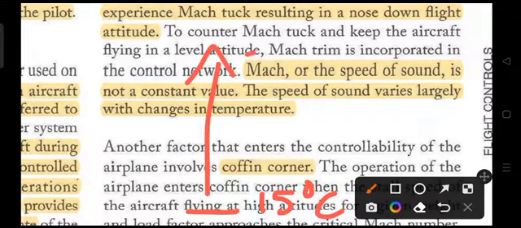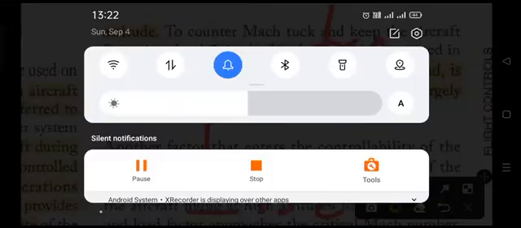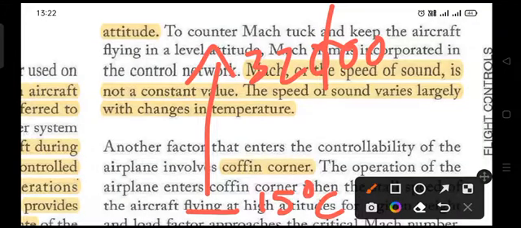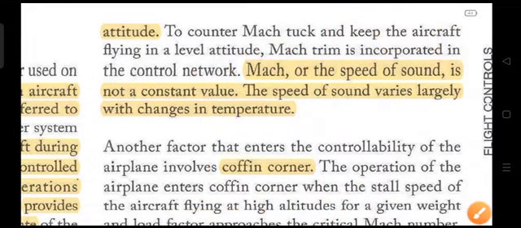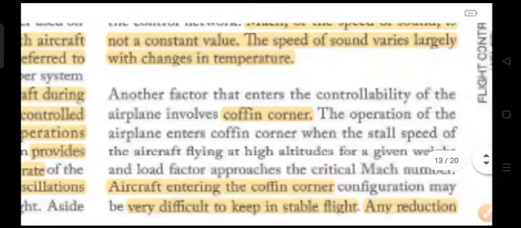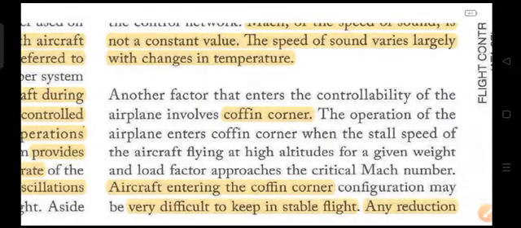When you reach 32,000 feet, it has some different temperature, let's say minus 40. When you reach even more, 36,800 or maybe 42,000, you have minus 50, 55, 52, right? So that varies. So definitely if there is such a fluctuation of temperature, then your sound speed will also vary.